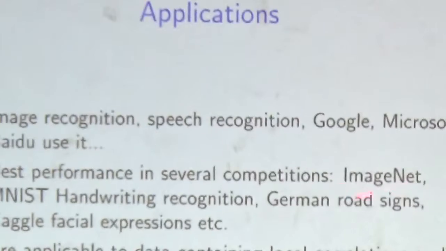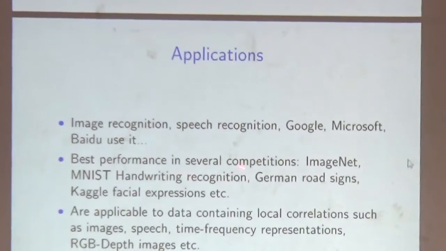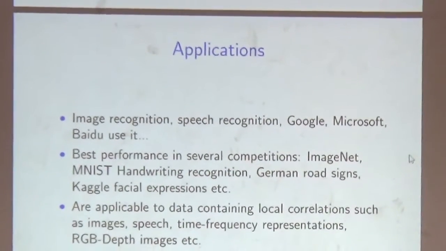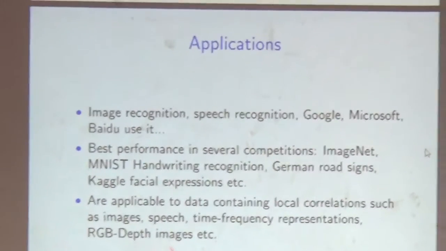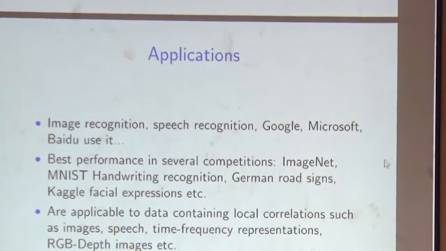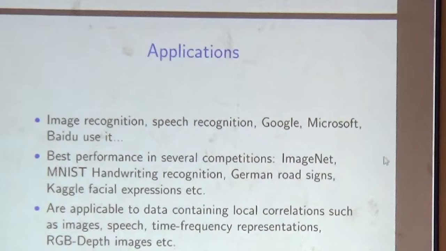It has been shown that on this kind of data set, the LeNet, which is a simple convolutional neural network, which you can write in just a few lines of code and execute, works fantastically for that data set, or for German road signs, or for facial expressions. People have today shown that neural networks, by using such ideas that were present in the human brain, can excel at these tasks.